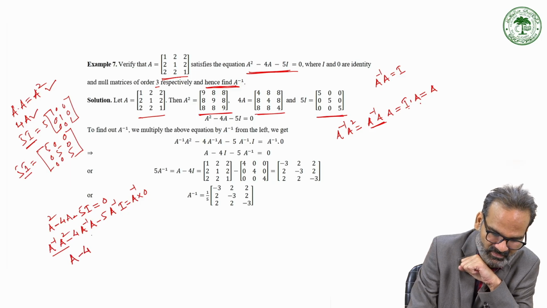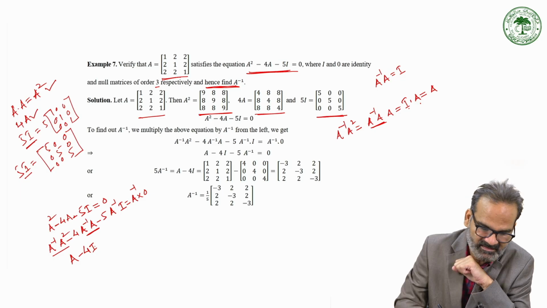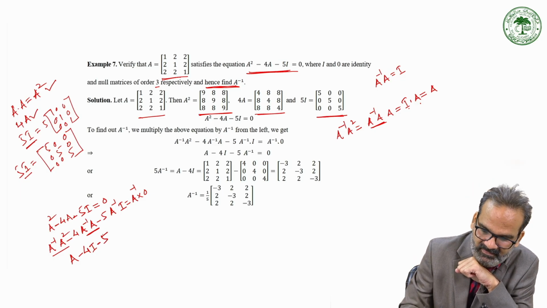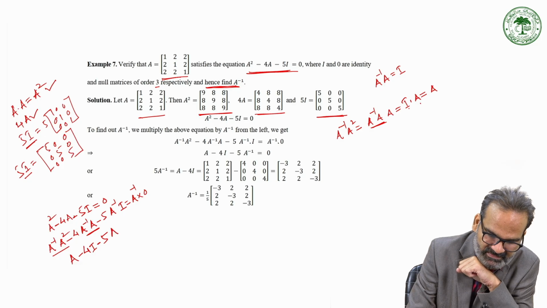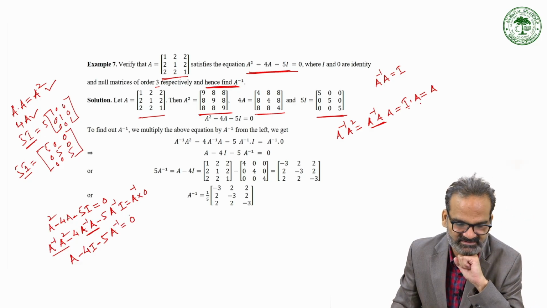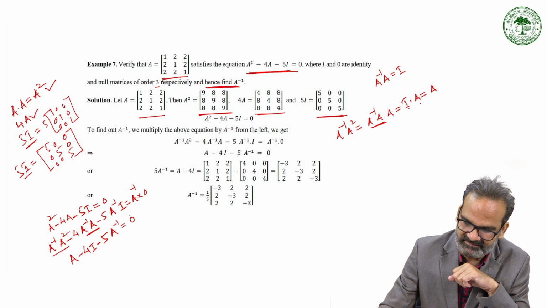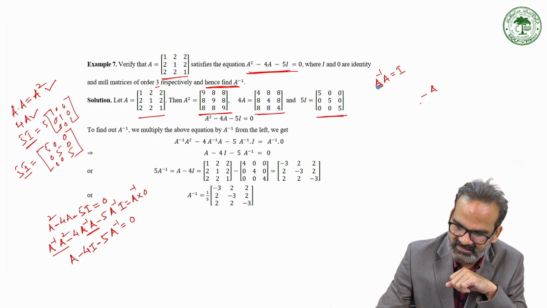Now minus 4, A inverse into A, again the identity matrix. Minus 5 A inverse into I, you will get here A inverse, and on the right hand side, any matrix multiplied with 0, you will get 0 itself. Now what we are getting here, see, here you can find A inverse very easily.